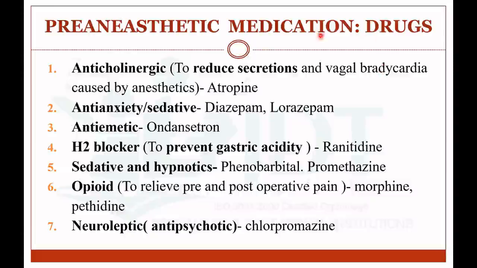Now what are the drugs which are used for pre-anesthetic medication? First one is anticholinergic drugs, like atropine, used to reduce the secretion as well as vagal bradycardia caused by anesthetics. Now another group is anti-anxiety and sedative drugs. Diazepam and lorazepam are used to reduce the anxiety of patients who are going to proceed for surgery.